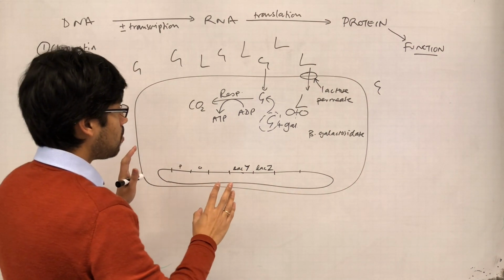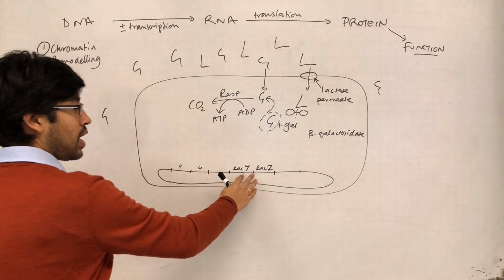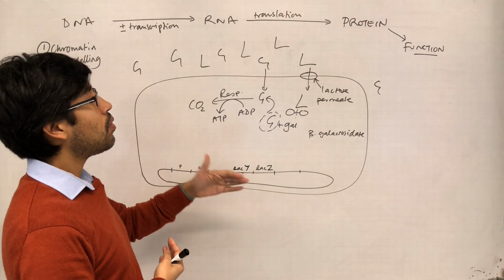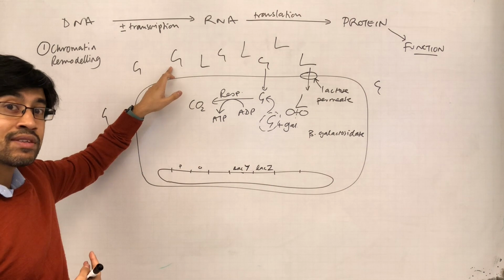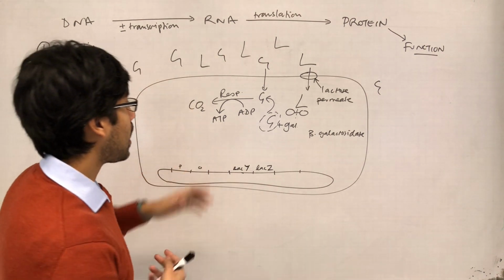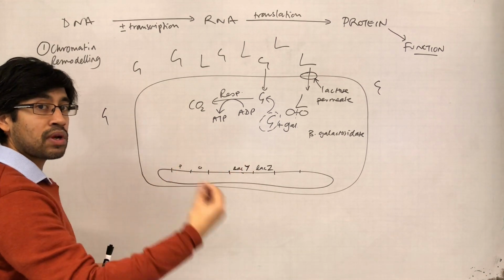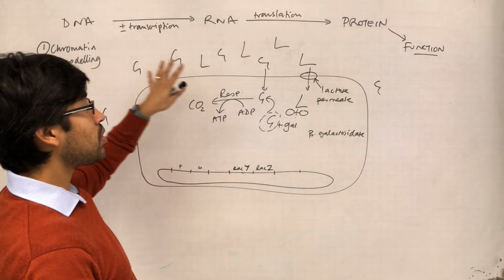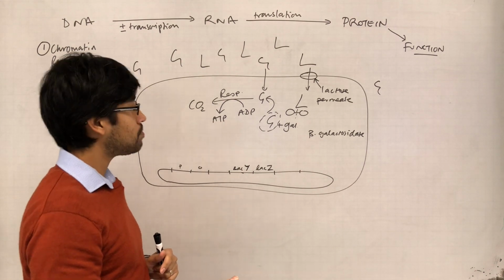But it wastes a lot of energy and resources to keep expressing these genes when there's no lactose around and when glucose is still around. So there's a need to make sure that these genes are not expressed when glucose is around, but are expressed when glucose is not around and when lactose is available to be used.